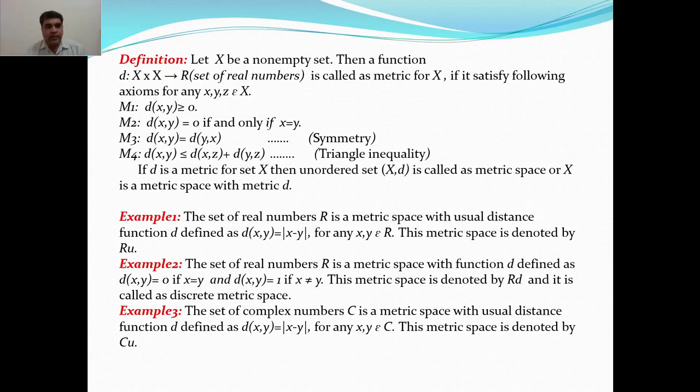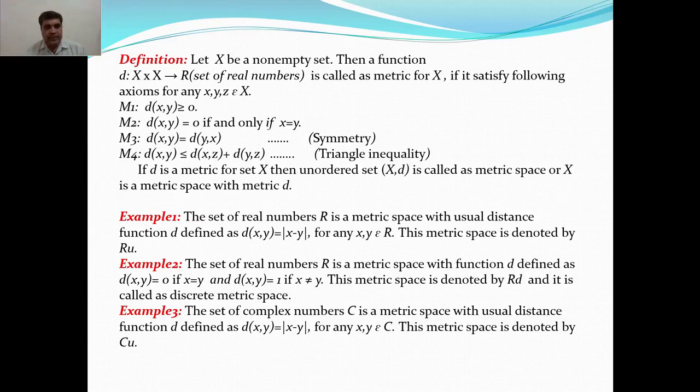Second, d of xy is equal to 0 if and only if x equals y. Third, d of xy is equal to d of yx. And fourth, d of xy is less than or equal to d of xz plus d of yz. Then such a function d satisfying all those axioms is known as a metric for the non-empty set X, and the ordered pair X, d is called a metric space.